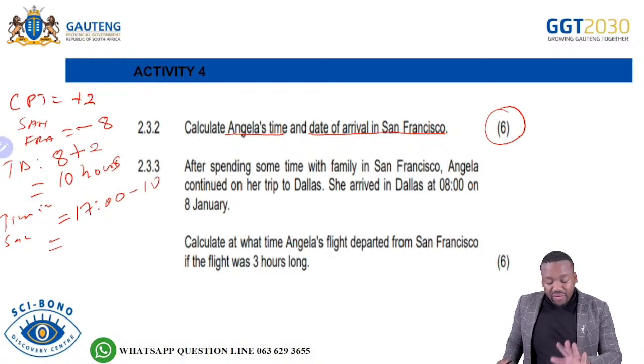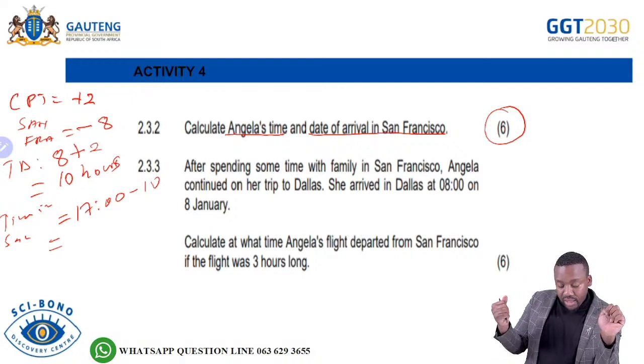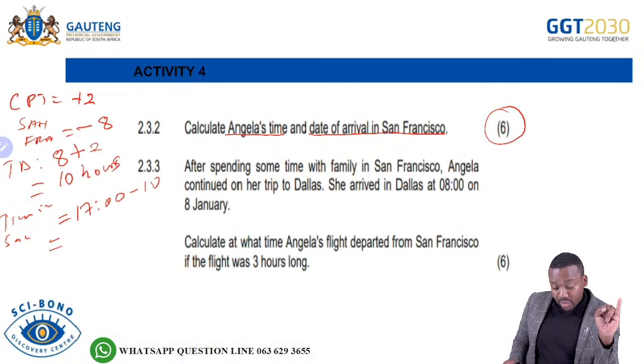We go back, remember: 16, 15, 14, 13, 12, 11, 10, 9, 8, 7, 6. Which one is in the morning? 6.